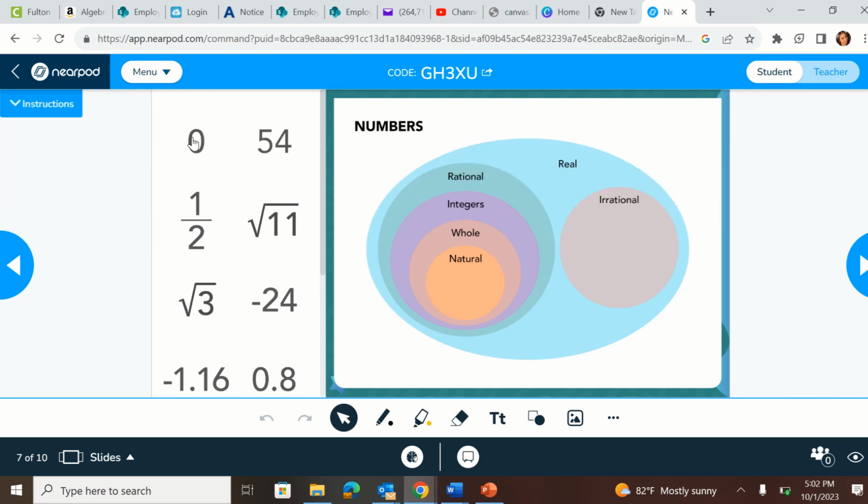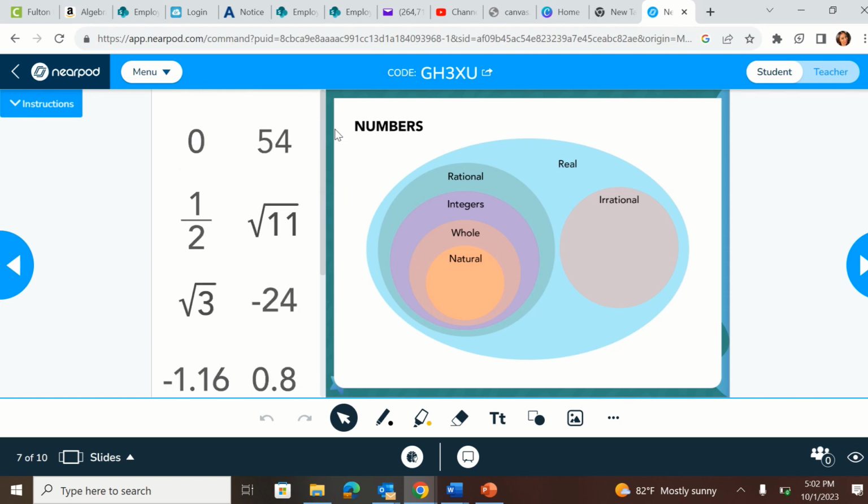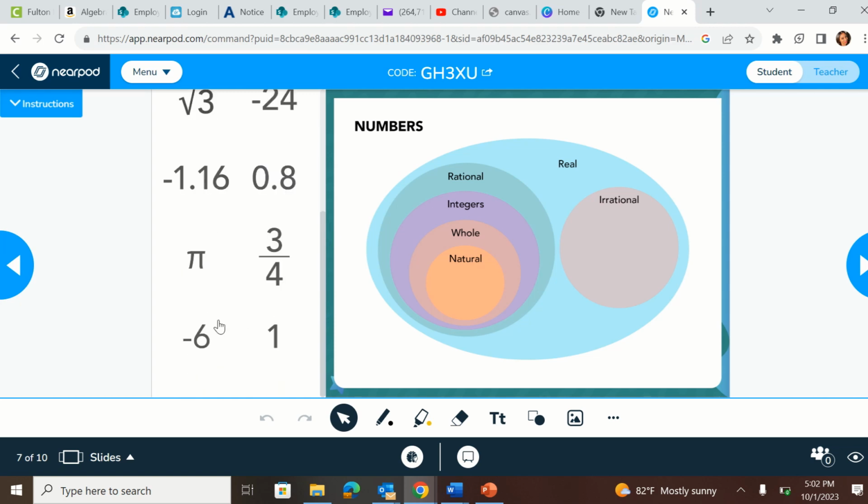This is a chance for students to determine, based off of the numbers 0, 54, half, radical 11, radical 3, and negative 24, and so forth, which numbers are considered to be rational or irrational. This will ensure that students were able to understand the information that was provided to them.